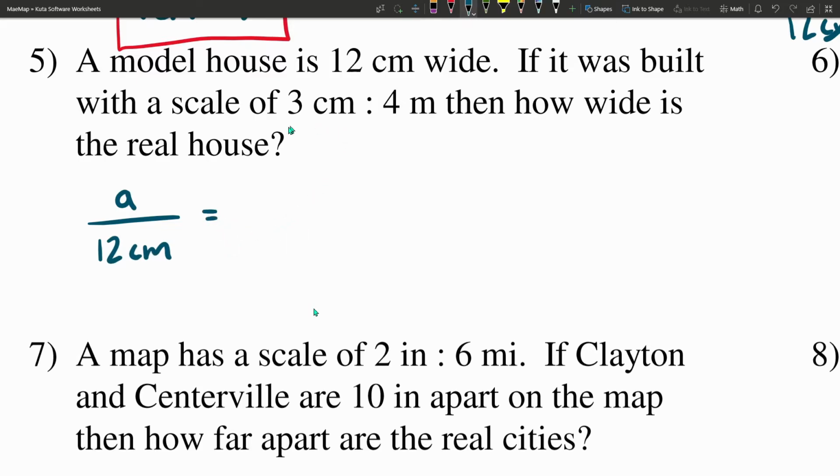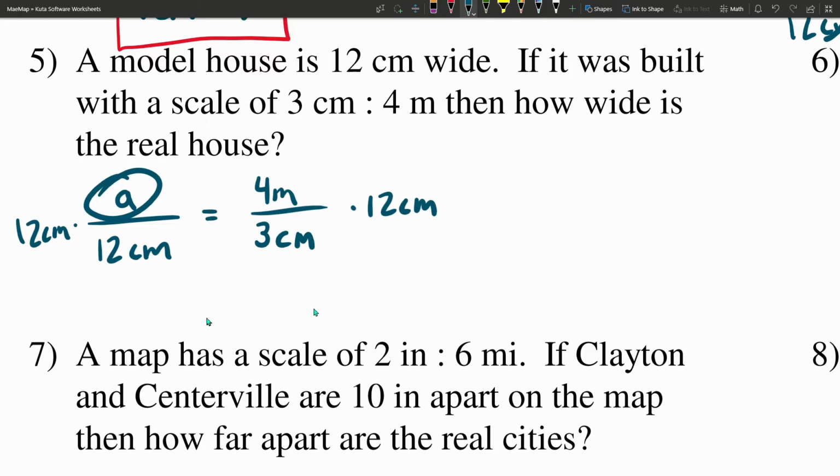So now we're going to set this proportion up, or this ratio up, with our scale, 3 centimeters to 4 meters. Centimeters is in our denominator, so I'm going to put my 4 meters in my numerator over my 3 centimeters. Now, one-step equation. Multiply both sides by the 12 centimeters. When we multiply both sides by that 12 centimeters, we'll isolate our variable a.